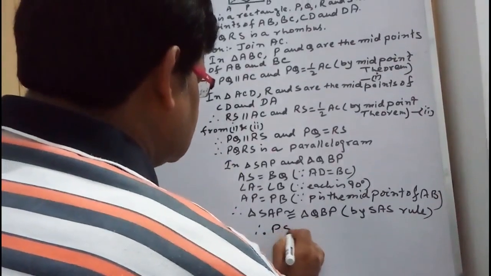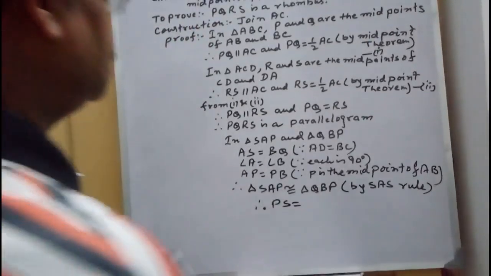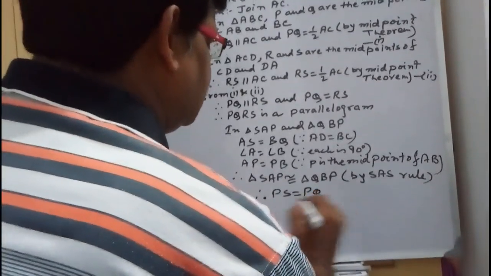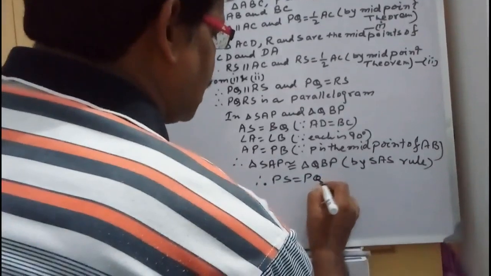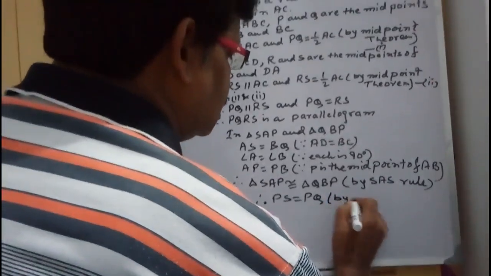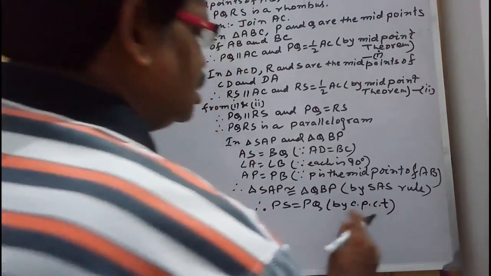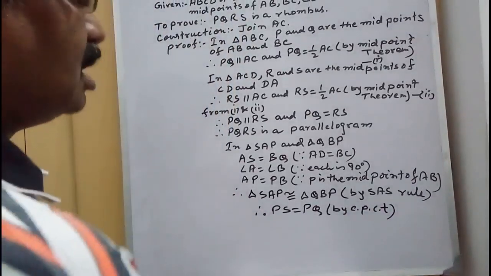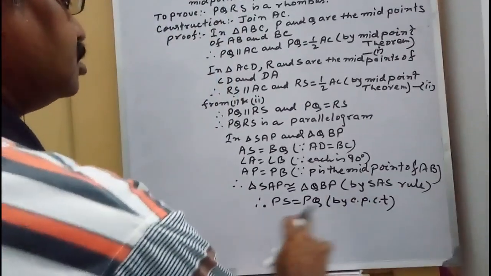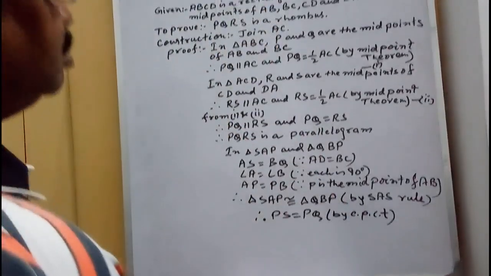PS equal to PQ by CPCT, that is corresponding parts of congruent triangles. These two sides become equal.